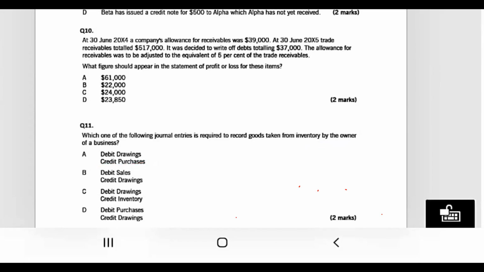So, sorry, sir, come again. I didn't get. Okay, let me think again. So inventory is treated as cash. Where purchases, those are the goods that you buy. So inventory, it's a good that you have for sale. So you treat them as cash.